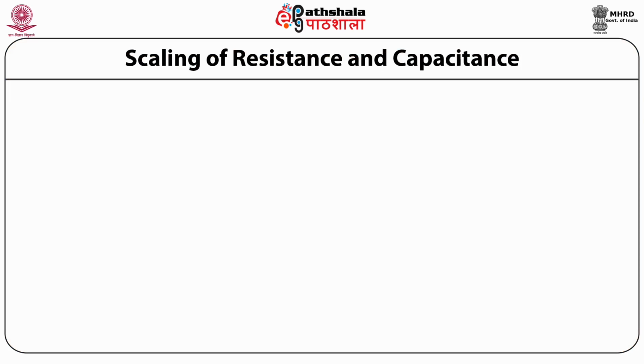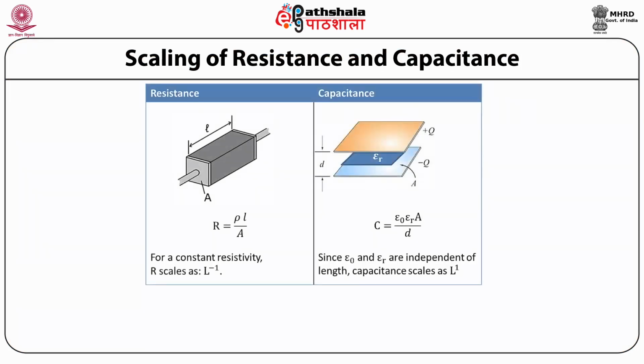Scaling of resistance and capacitance. Using Ohm's law, the current I is equal to V by R. That means I scales as L to the power 1, and so the current density J is equal to I by A, and it will scale as L to the power minus 1.